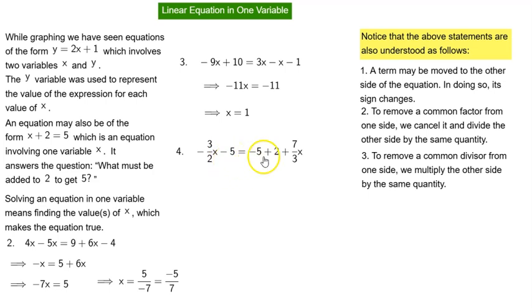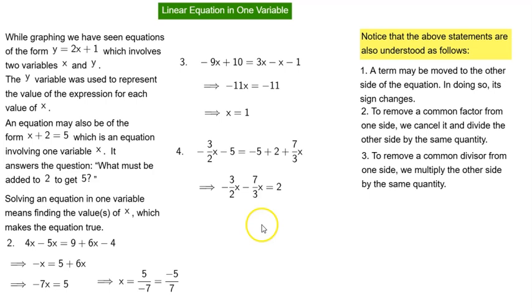Or we can also think of it as that we have the same quantity on both sides of the equation. And if we remove both of them, it is not going to change the equality.